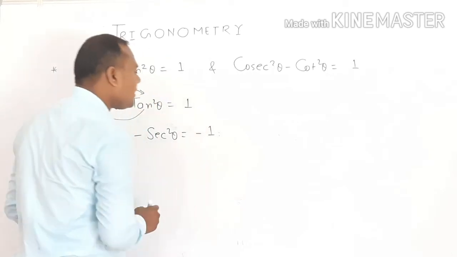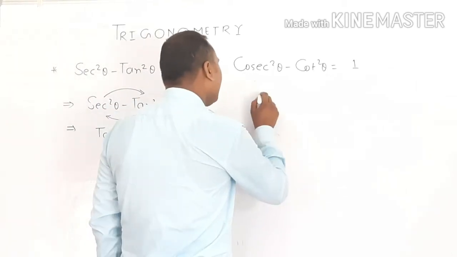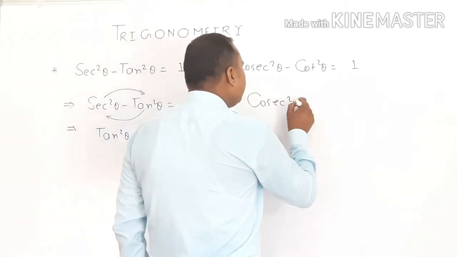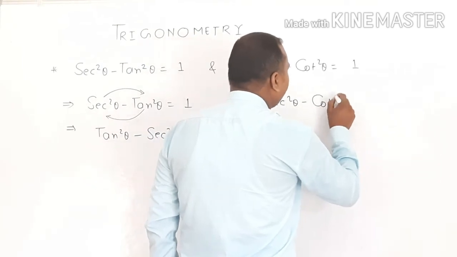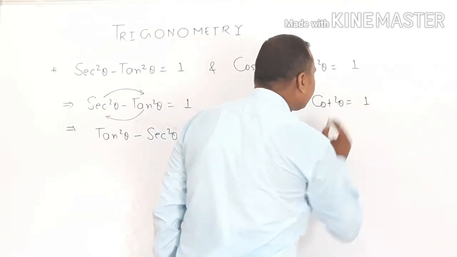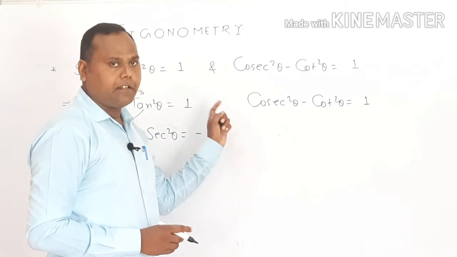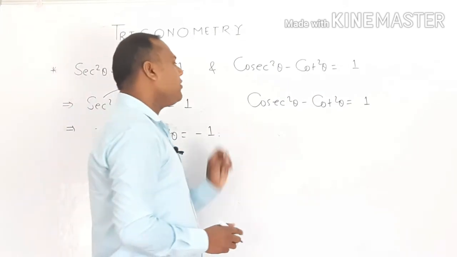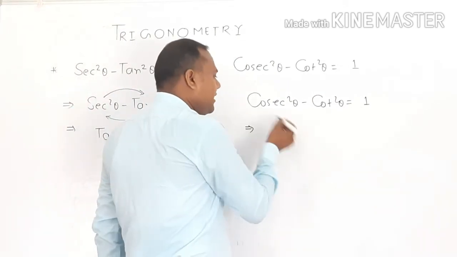The other one is cosec square of theta minus cot square of theta equal to 1, which we have already studied. So we can manipulate here with a negative sign.